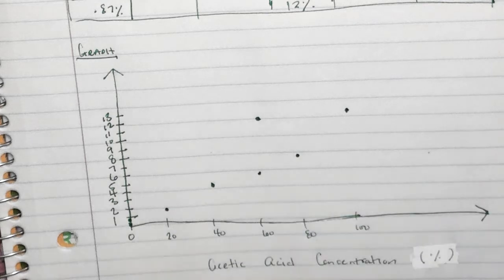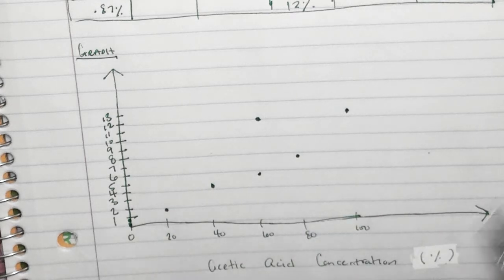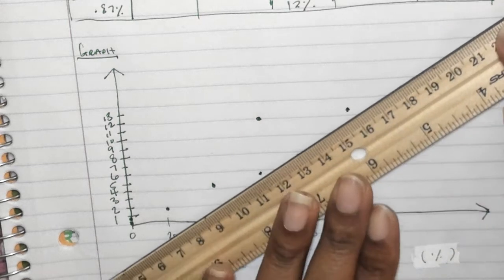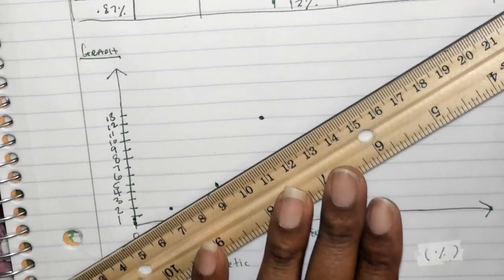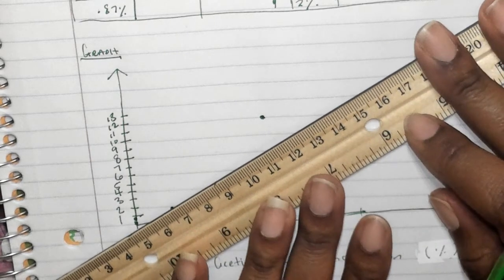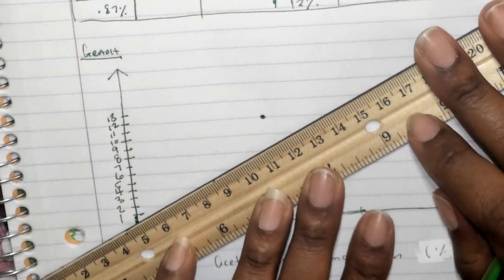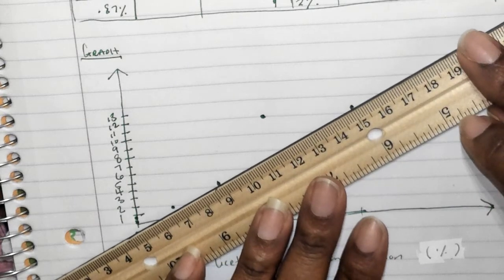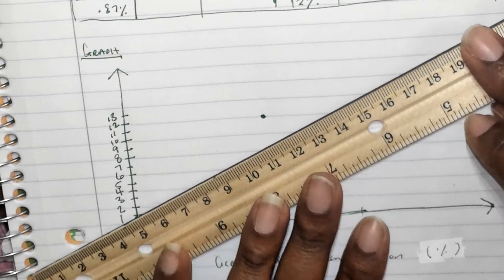What's the trend? The acetic acid concentration. Okay, good. So as acetic acid concentration increases, the percent change increases, yes? So just based upon where the majority of my dots are, I'm going to draw a line.